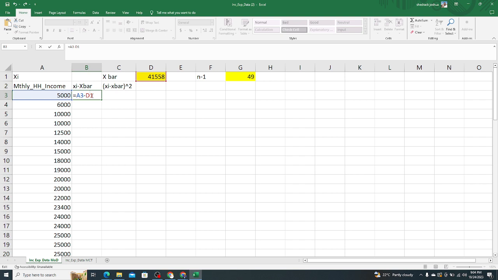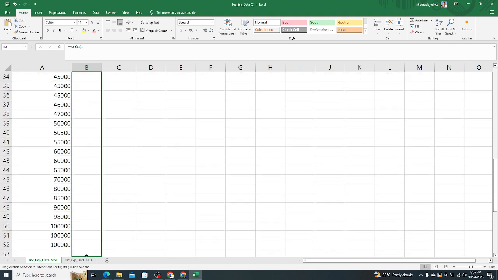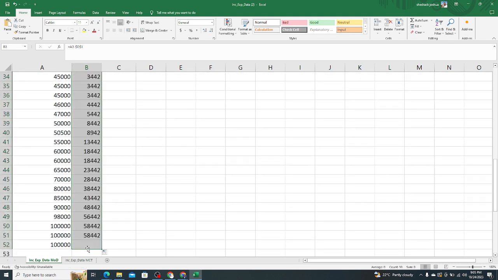And to lock it, we usually use the $ sign. On your keyboard, you can do FN F4, or F4 alone. So once you do that, you'll get this value, and then you can drag the value downwards, and it will give you accurate calculations.